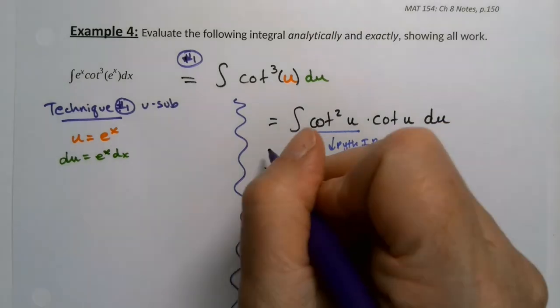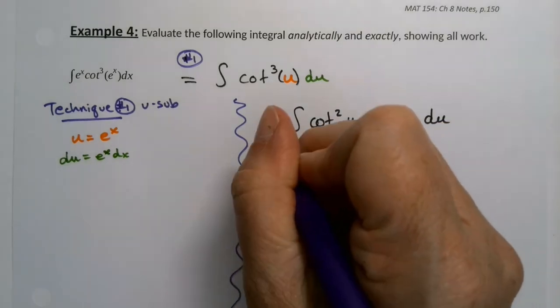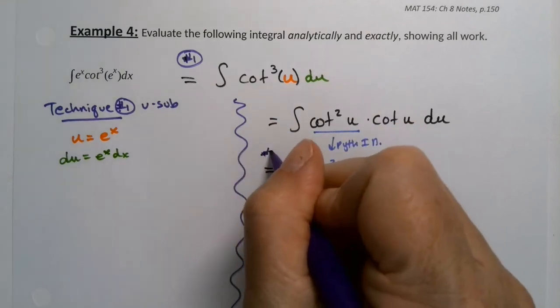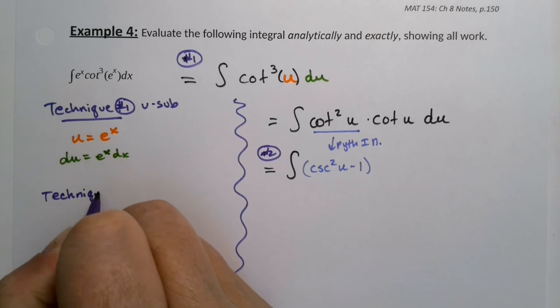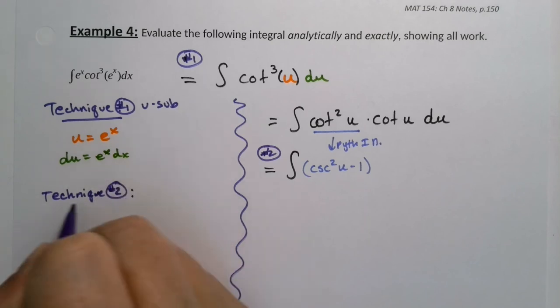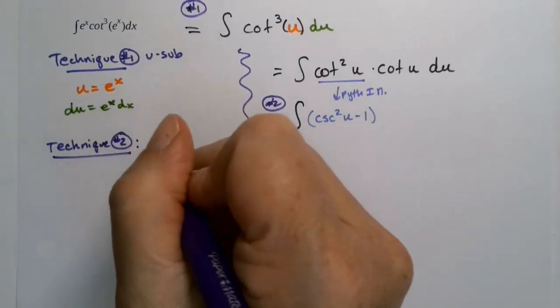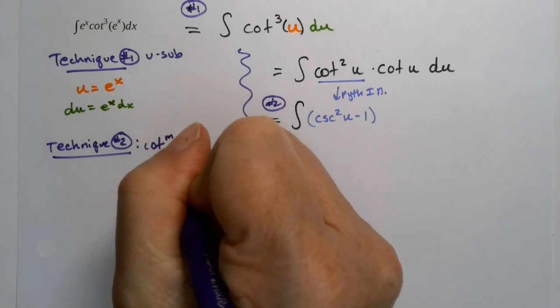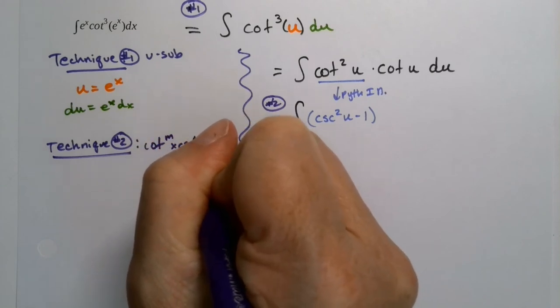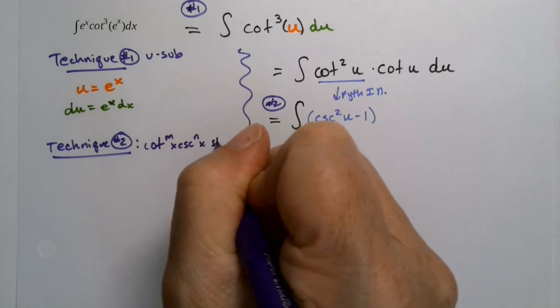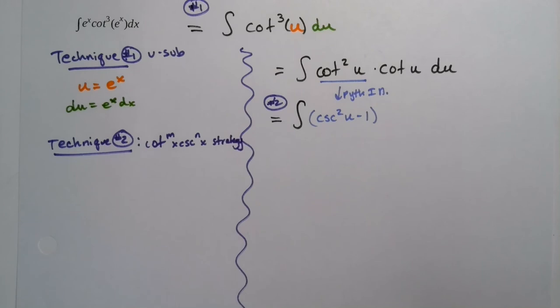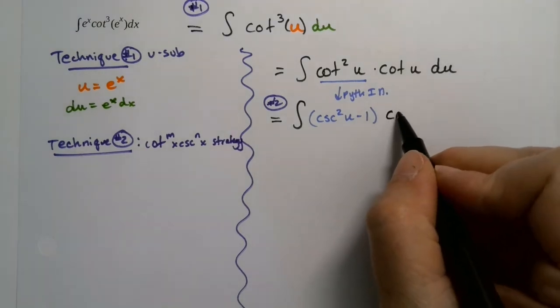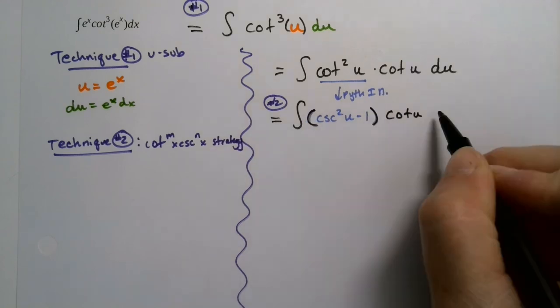So method number two, it's the cotangent to the m of x cosecant to the n of x strategy, right? That's kind of what I'm doing. It's not really a method, the way u sub is a method, but it's like a way of thinking about these problems. All right, so that's cotangent of u du.